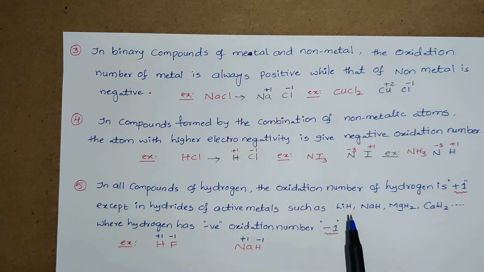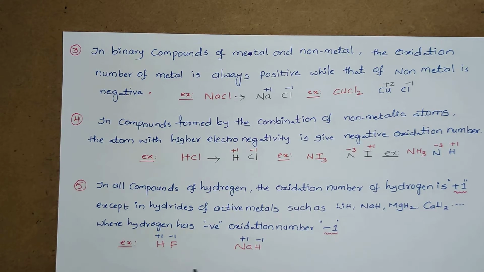Obviously, hydrogen shows the negative oxidation state. That means in hydrides, hydrogen always shows the -1 oxidation state. Except in hydrides, in all other compounds hydrogen shows the positive oxidation state, that is +1.